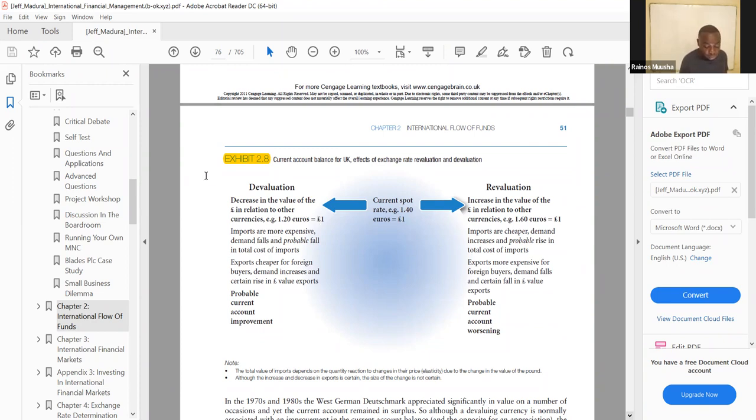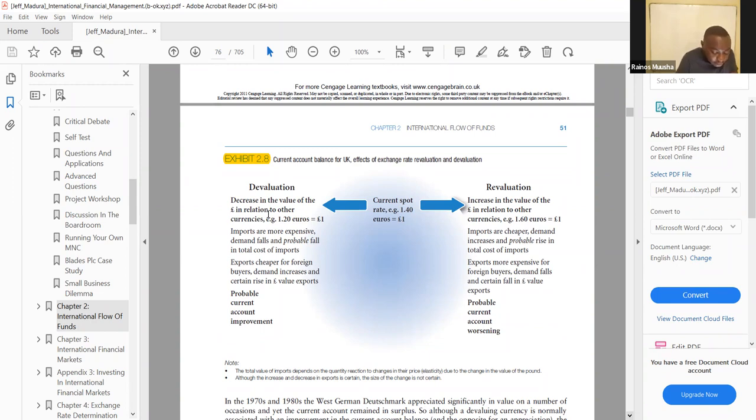So this is a situation where the pound is devaluating. Devaluation is a decrease in the value of the pound in relation to other currencies. So what is the effect of the devaluation of the pound?